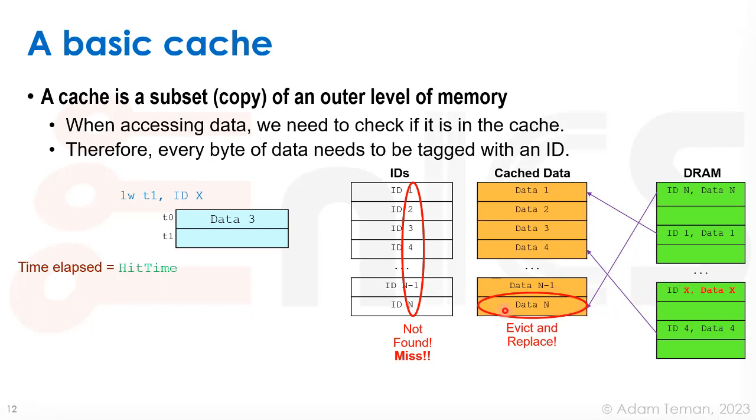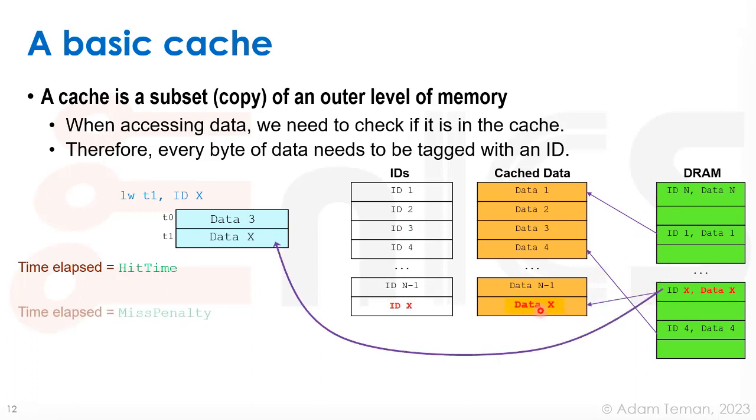So in this case, we decided to evict data number N from the cache and replace it with ID X. So we get rid of that and place data X and ID X inside the cache. At the same time, we're probably going to bring data X into the register. We can do other things like rerun the instruction after we get a miss. But generally, if we're already bringing it in, we'll just complete the operation.